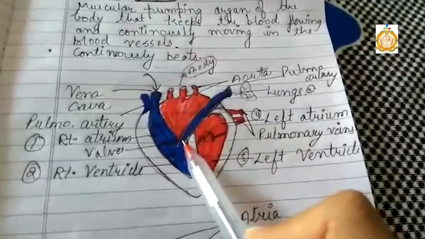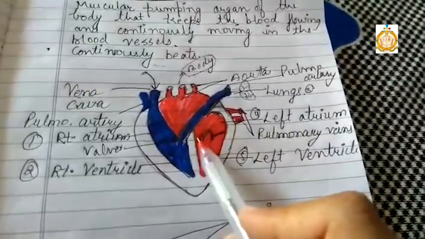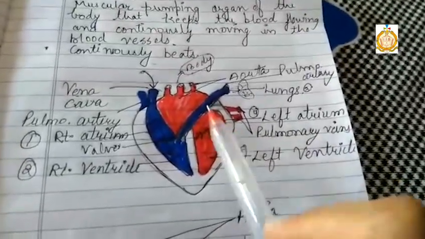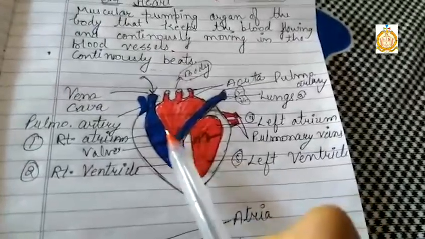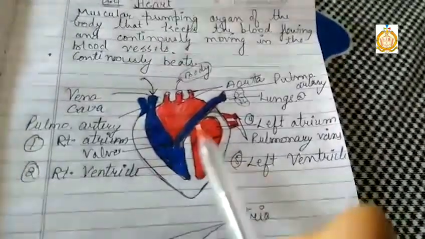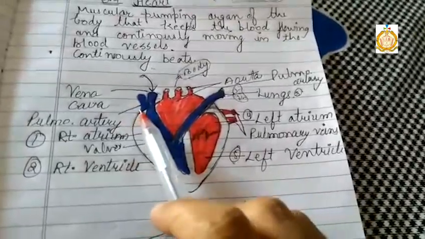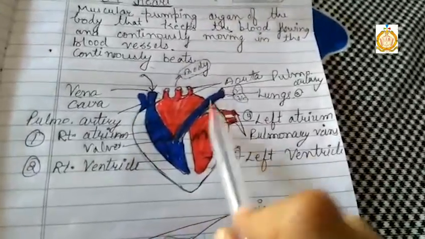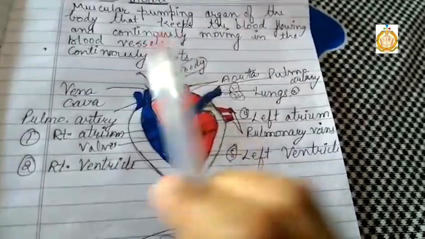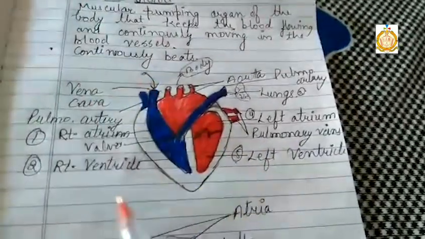Here it is a bicuspid valve and here it is a tricuspid valve. So the structure of the heart has two atria, two ventricles, pulmonary artery, pulmonary vein, aorta, and vena cava.